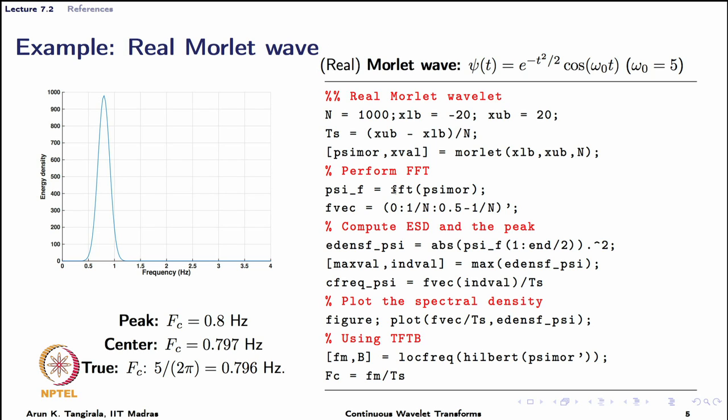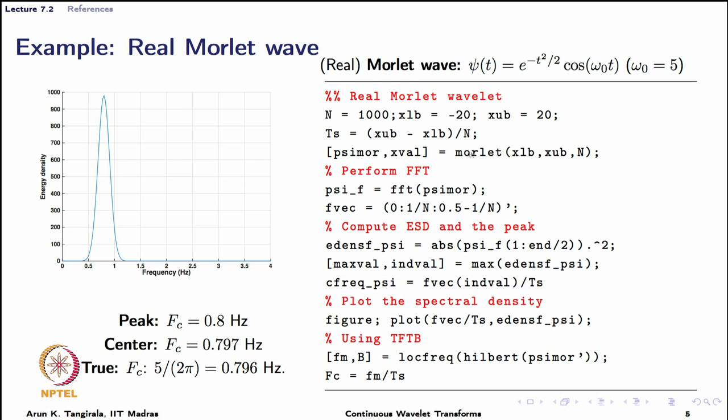I do not have to really go through the MATLAB code all over, but just want to point out a few differences. One, the Morlet wave is generated by this Morlet routine in the wavelet toolbox, which asks the user to specify the interval and the grid points over which it is computing the Morlet wave. In other words, the user really does not have a say on the parameters here, but you can of course code your own Morlet wave, that is not a really big deal.